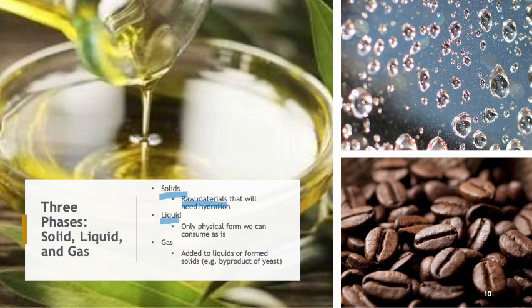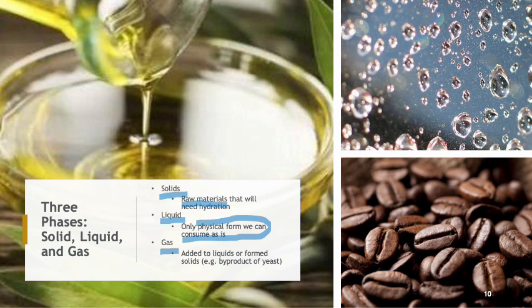The second form will be liquid, and this is the only physical form that we consume as it is. Beverages are the main example of liquid foods, but we also have, for example, oils. And then we have gas, and we add gas to liquids or solids, depending on what we want.